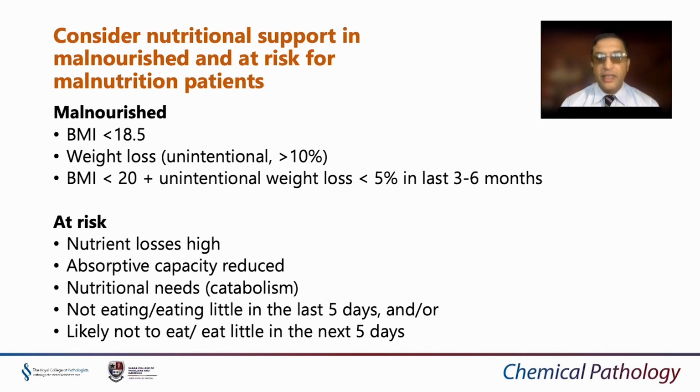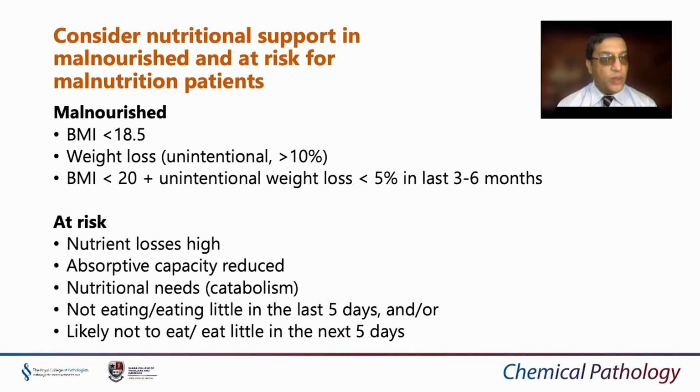At-risk criteria include nutrient losses that are high, absorptive capacities that are reduced from disease, and nutritional needs that are especially high. Catabolism may be increased in patients that are significantly septic.